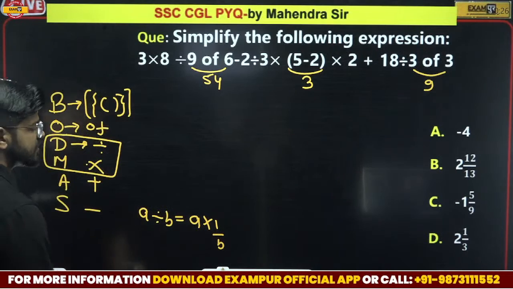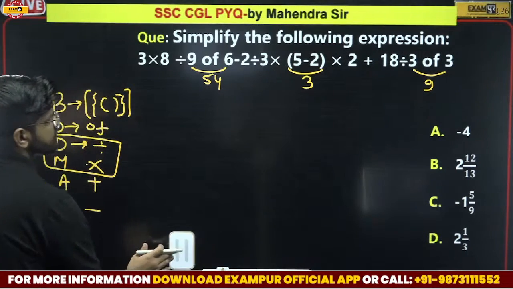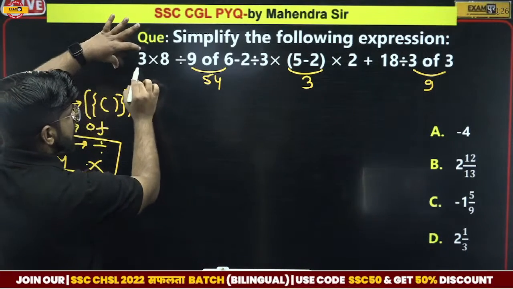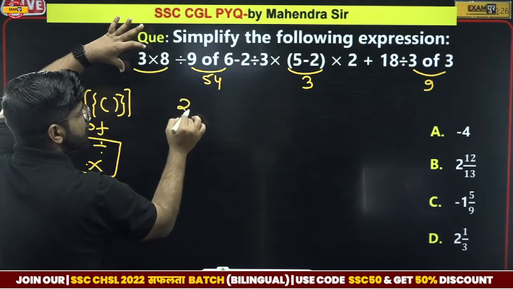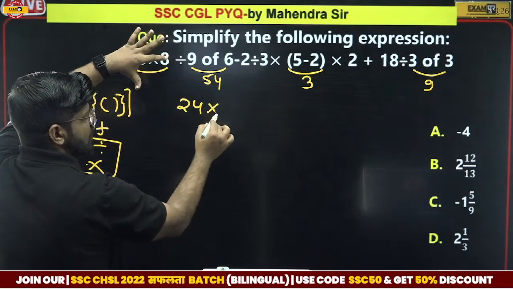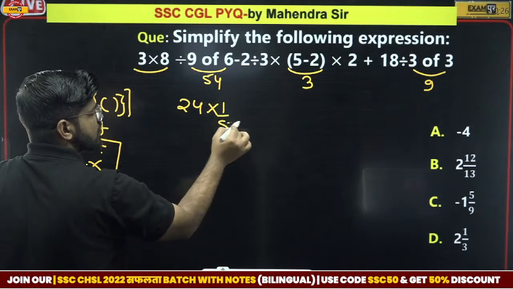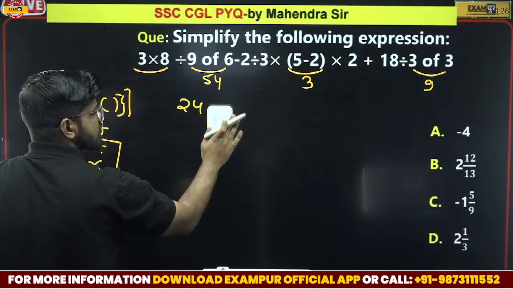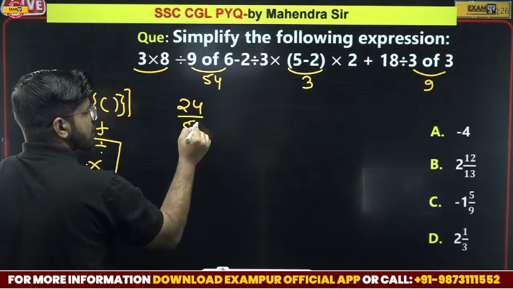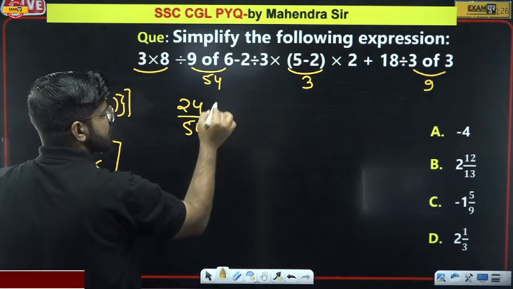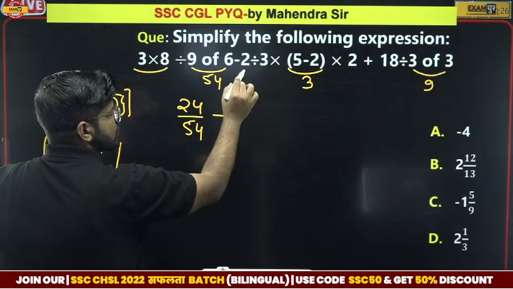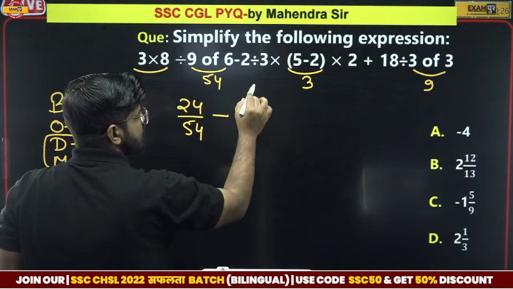Okay Swan, let me see whether the answer is correct or not. So we know that here we are getting 24, divide sign converted into multiplication sign, we will get 1 by 54. So we can also write it as divide by 54. Now we have minus sign here. So we have 2, again divide by 3.